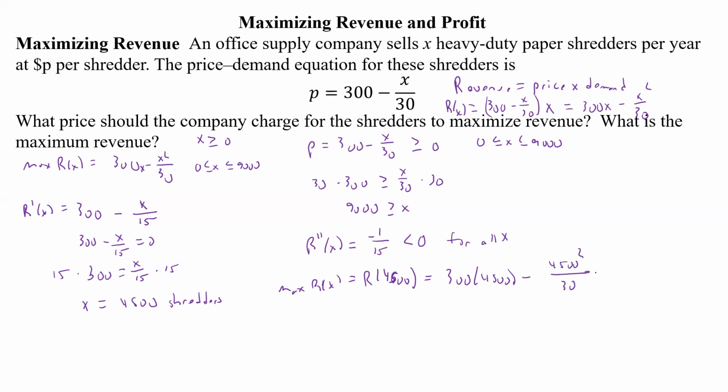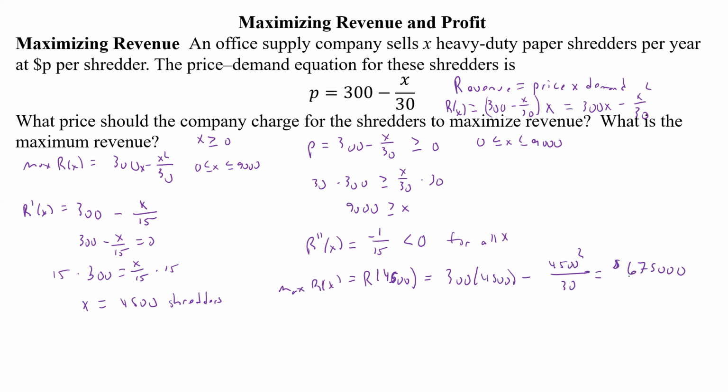If we plug that into our calculator, that's going to give us our revenue. So we have 4,500 times 300 minus 4,500 squared divided by 30. And so we get 675,000, it looks like.